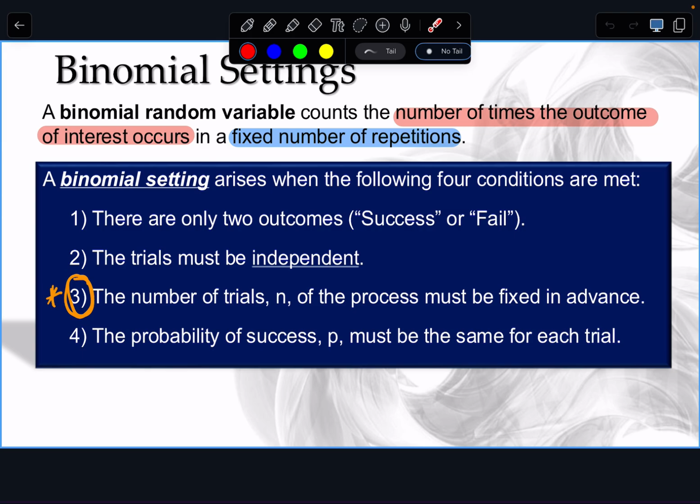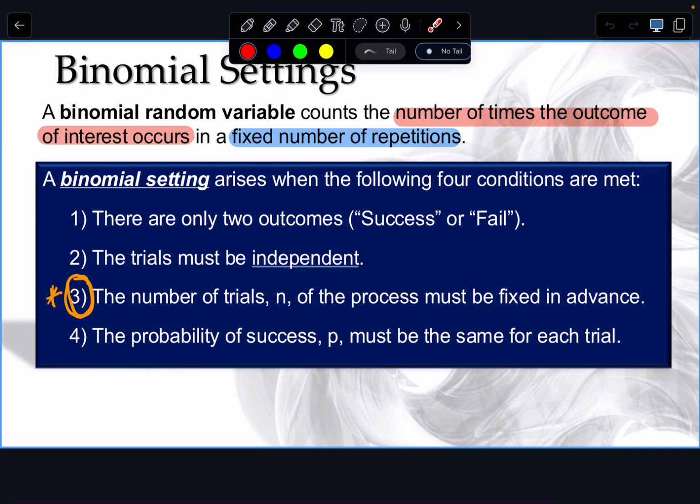In that definition, I've highlighted the two key pieces. For a binomial random variable, we're looking at the number of what we call successes, and we have a fixed number of trials. We are going to perform the random phenomenon this many times no matter what, and we're going to look at how many successes occurred within those trials.